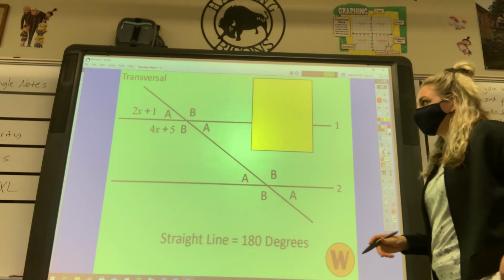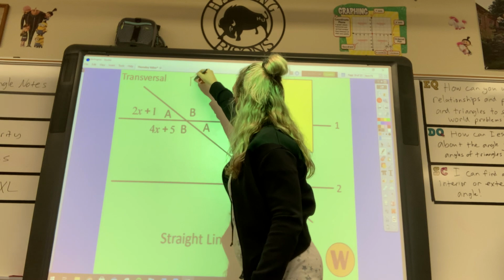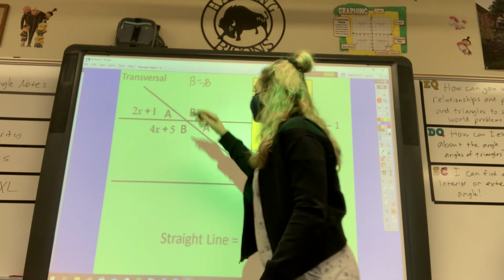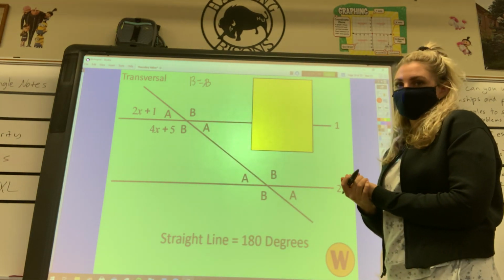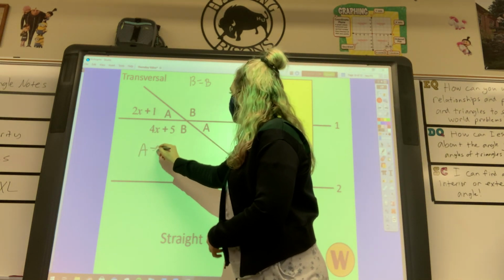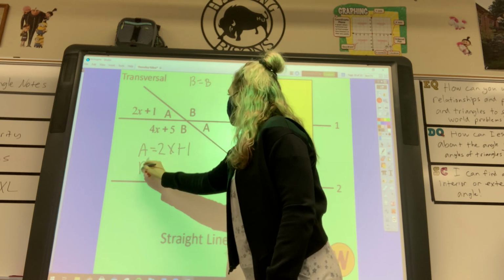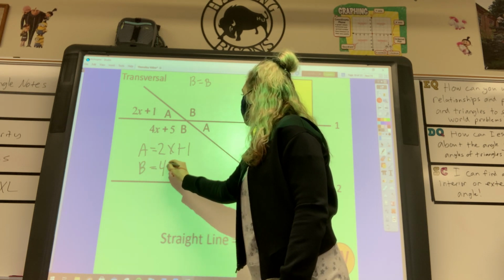Oh, okay. So it was pretty easy because it's nice to know if B equals B, and we set the two expressions equal to each other. But now we have A equals 2x plus 1, and B equals 4x plus 5.